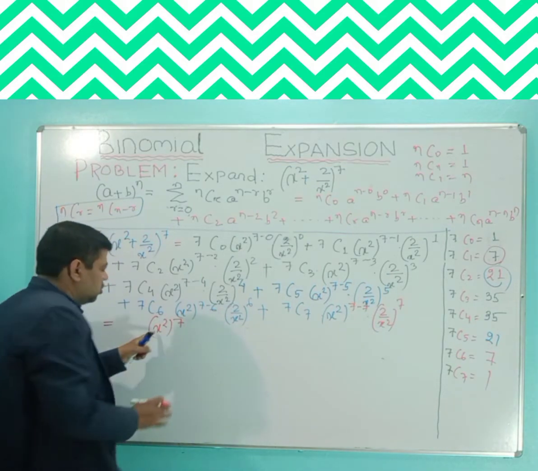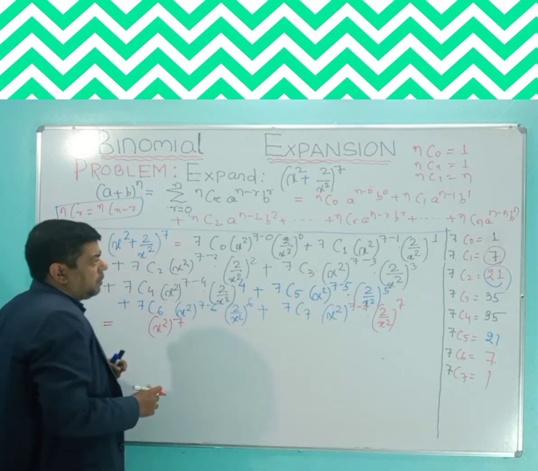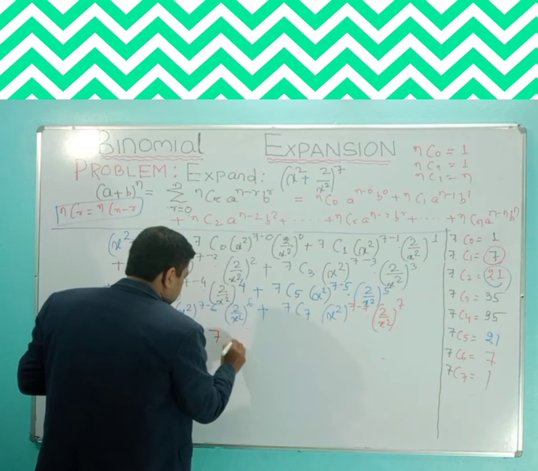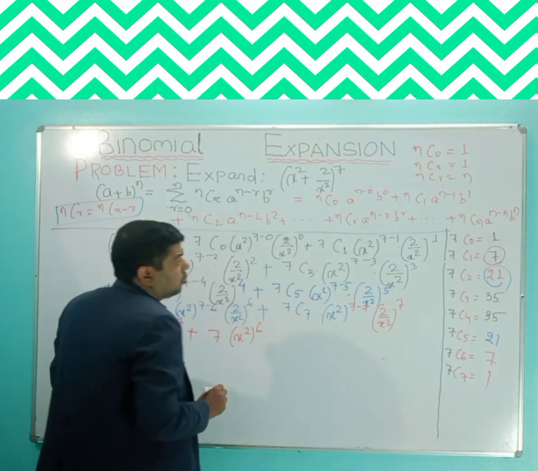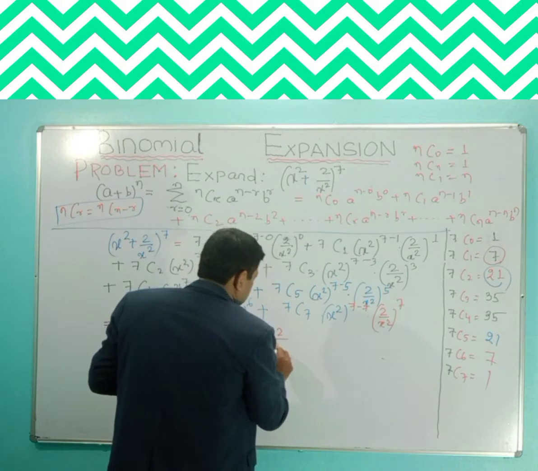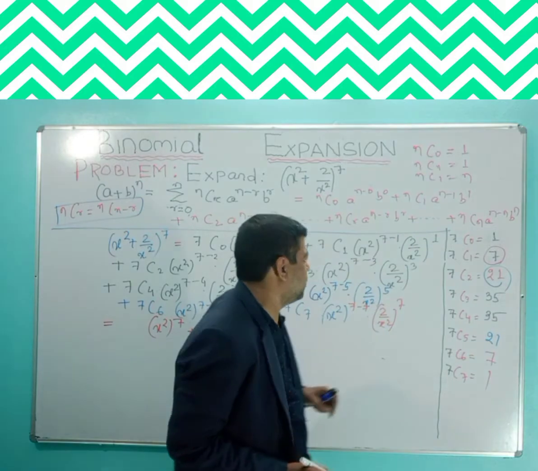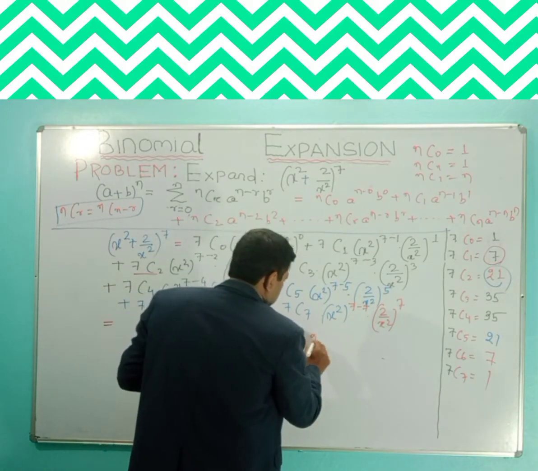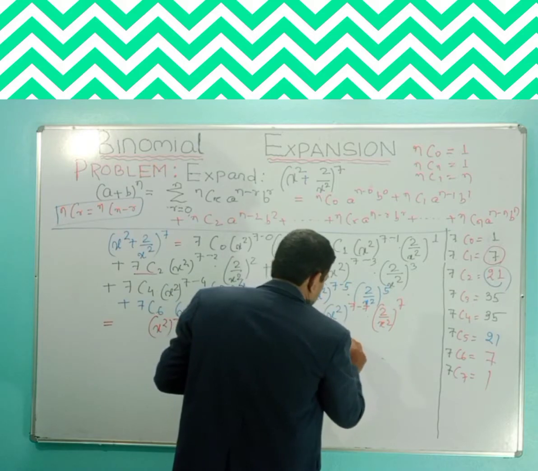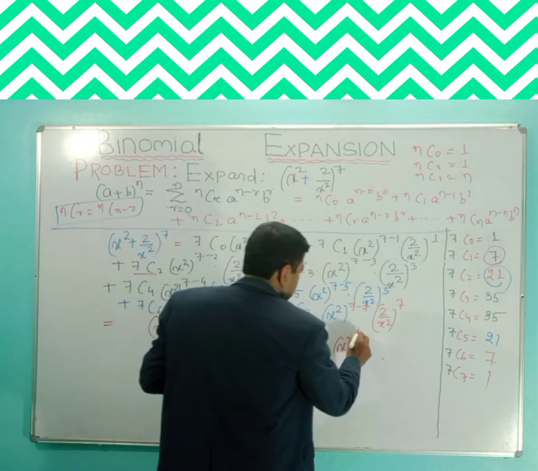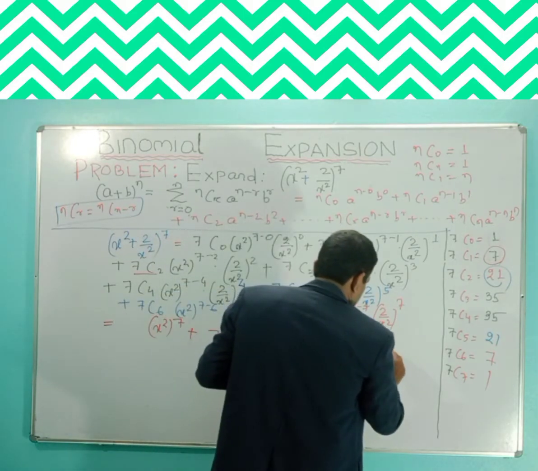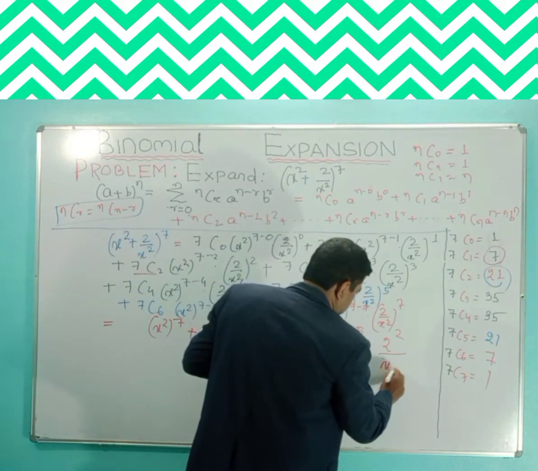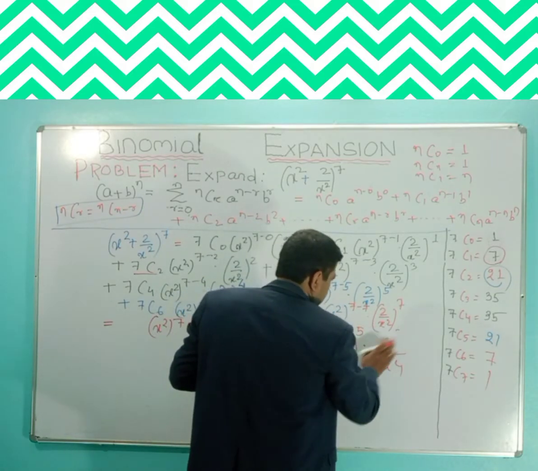Plus, 7c1, and the value of 7c1 is 7, into x squared whole to the power 6, into 2 upon x squared whole to the power 1, which is 2 upon x squared. Then comes 7c2, whose value is 21, into x squared whole to the power 7 minus 2, which is 5, into 2 to the power 2 divided by x to the power 4, and here 2 to the power 2 we can write as 4 also.